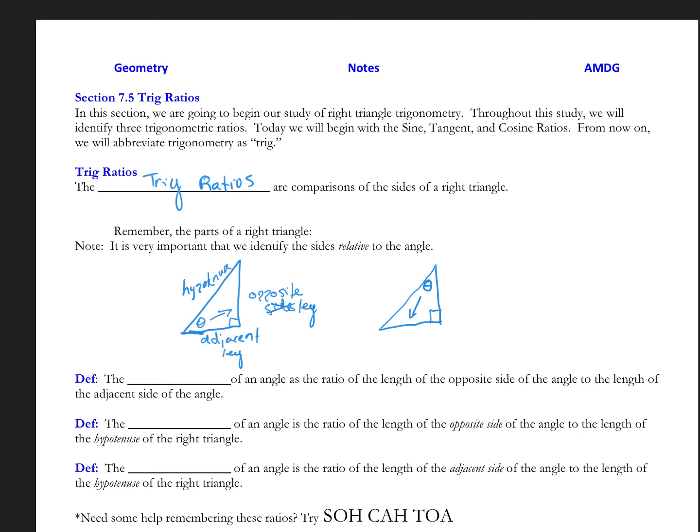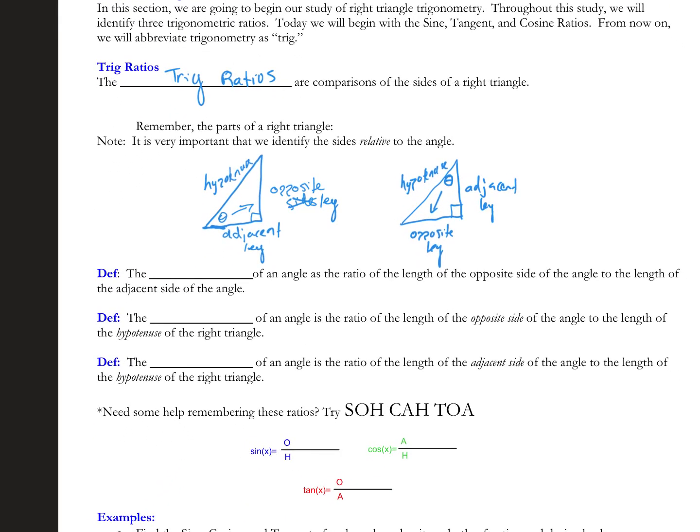Now this side down here becomes the opposite leg, while this one is the adjacent leg. And the one side that always stays the same is the hypotenuse, and that's the one that's always across from the 90-degree angle.